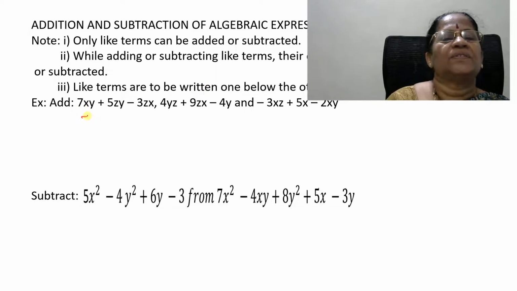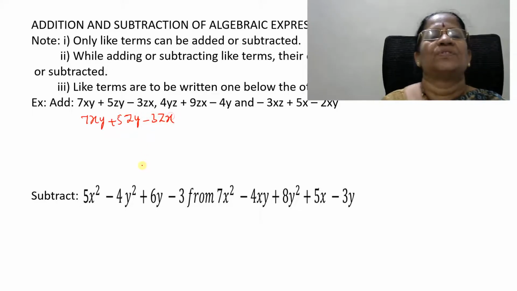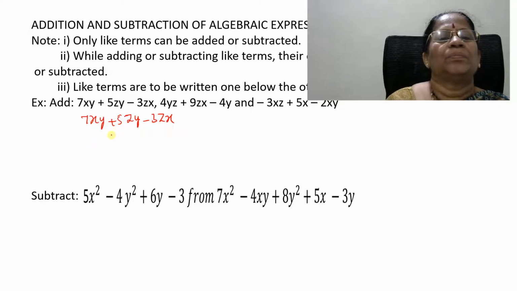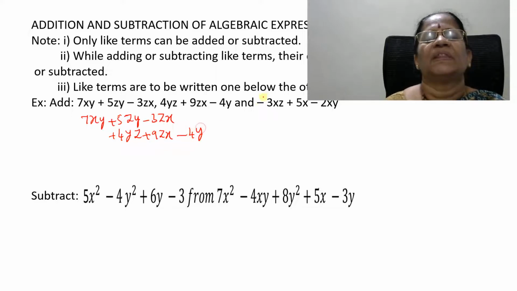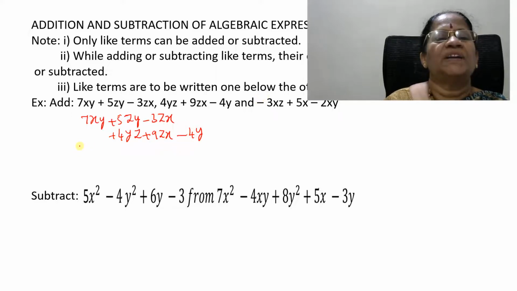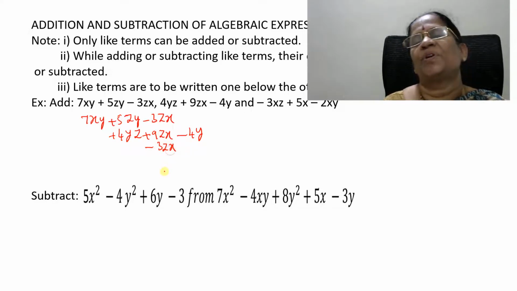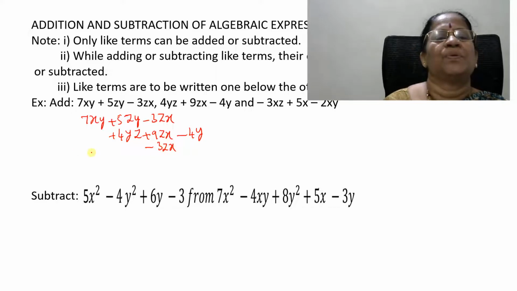Now this is 7xy plus 5zy minus 3zx. So this is the first expression. Then 4yz minus 9zx minus 4y, and minus 3xz and zx are the same, commutative property of multiplication holds good.